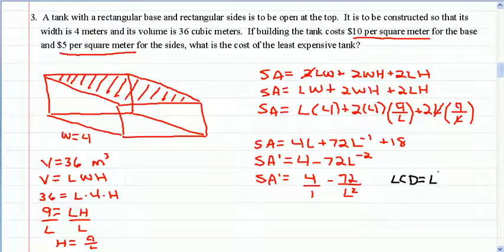And if I find a least common denominator of L squared, I have 4L squared minus 72 over L squared. I want to take this derivative and set it equal to 0 so that I could find the minimum value, since I'm finding the cost of the least expensive tank.